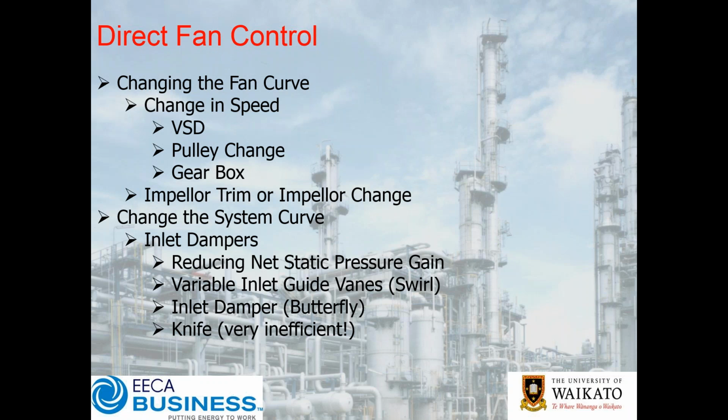And there are different pros and cons of doing both, and this is where it's important to talk to your fan supplier to make sure you're getting what you want. And I guess first of all, as we've talked about previously, if you've completed good quality system assessments and measurements, you'll know exactly what you've got and potentially what you need.